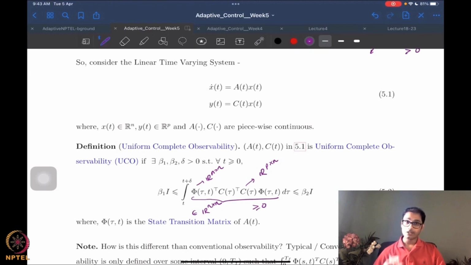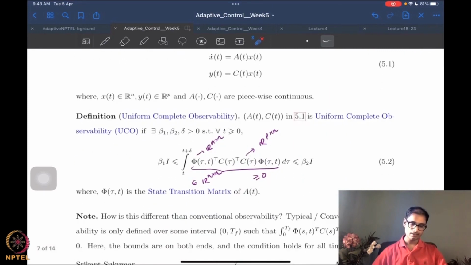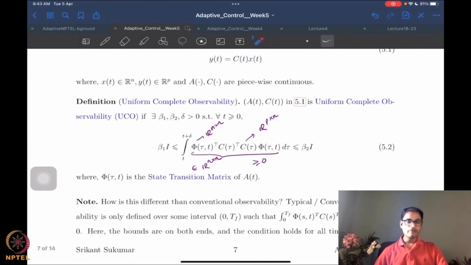But again, just like the persistence of excitation, there is a lot of similarity with the PE definition, and in fact we will connect the two. Just like the PE definition, you are expecting that the moving average be strictly positive definite. So it's some kind of, again, a rotation condition, right? Just like before. So very quickly we want to see what's the difference with conventional observability.